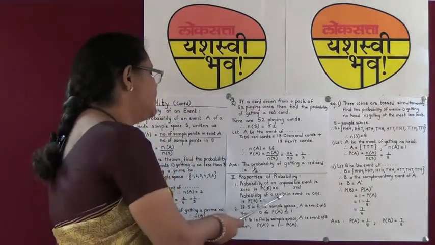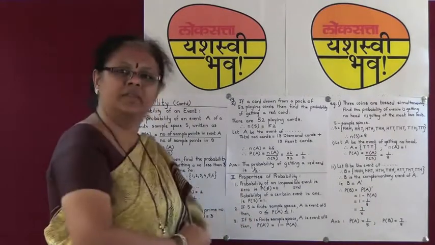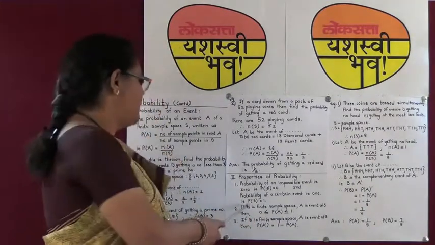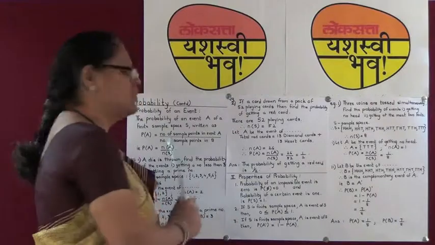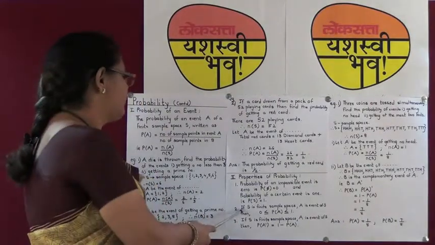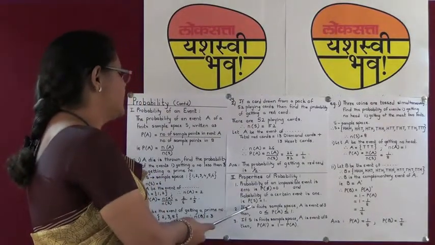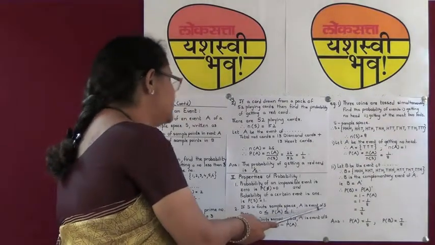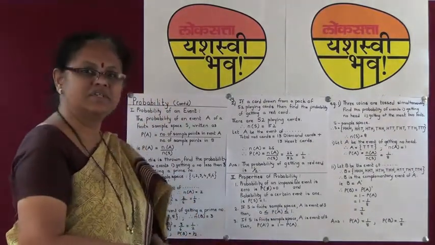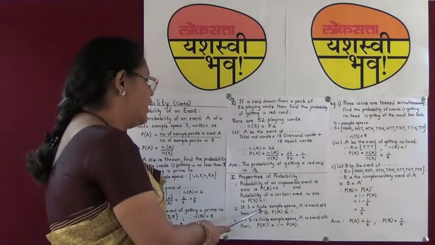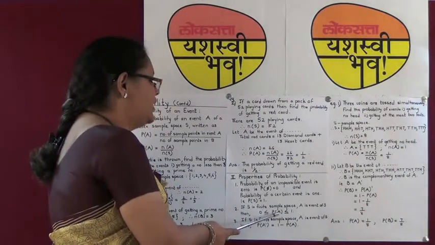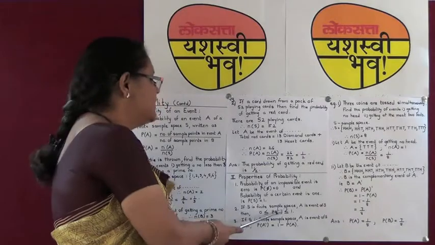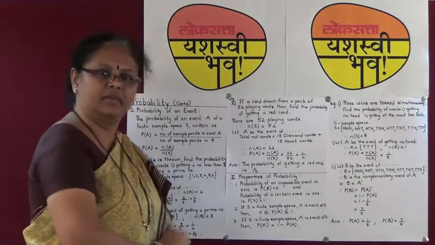Also, probability of a certain event is 1. That is, probability of the sample space is equal to 1. The second property states, if S is a finite sample space and A is an event of S, then we say 0 is less than or equal to probability of event A, which is less than or equal to 1.